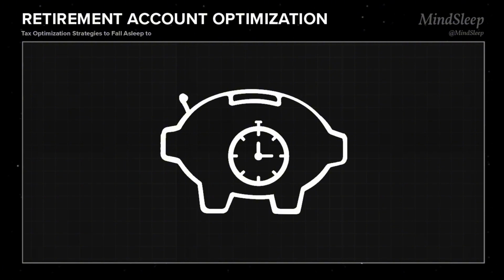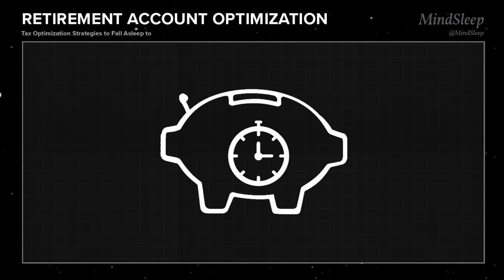By strategically timing your contributions, you can potentially maximize employer matches, take advantage of market dips, or align with your cash flow needs. But contribution strategies are just the beginning.